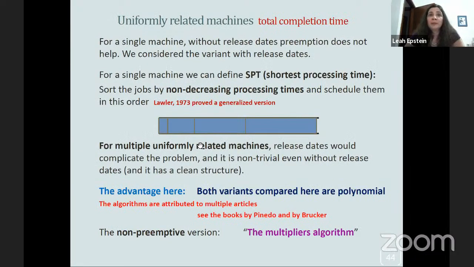So the optimistic part here, and we were only doing total completion time, not the weighted one, but the machines have speeds which complicate things. So the advantage, as I write on the slide, is that there are two polynomially solvable variants, the preemptive and the non-preemptive ones, and they appear in textbooks and everywhere.